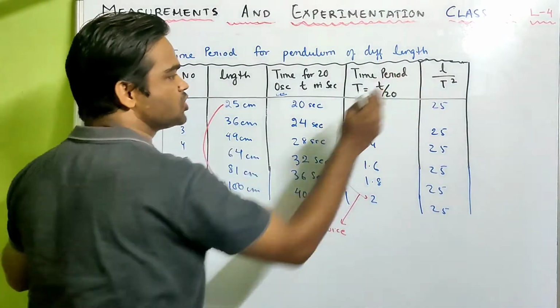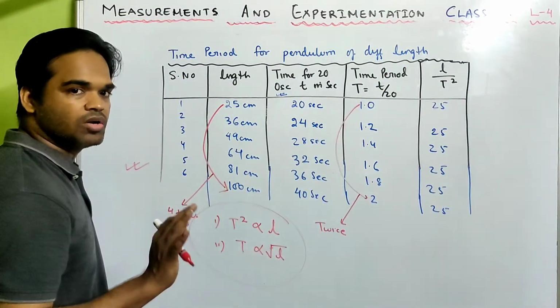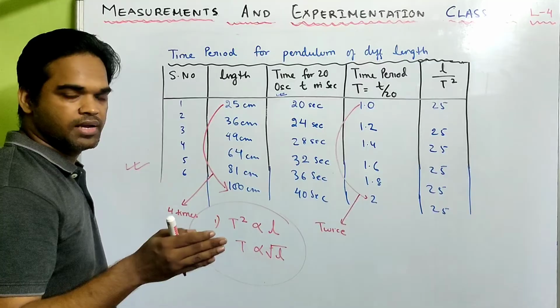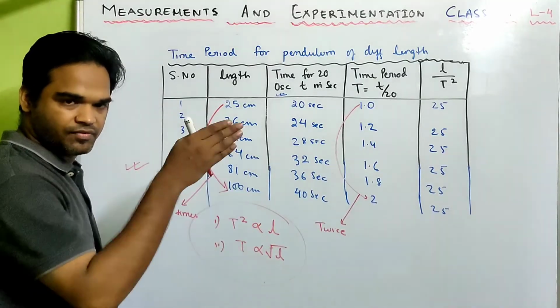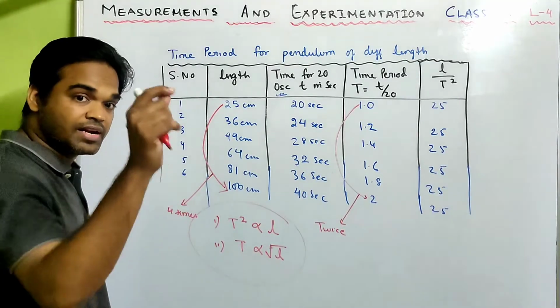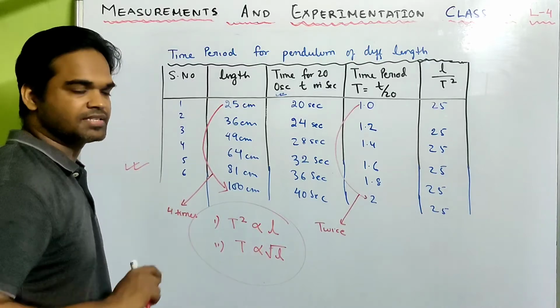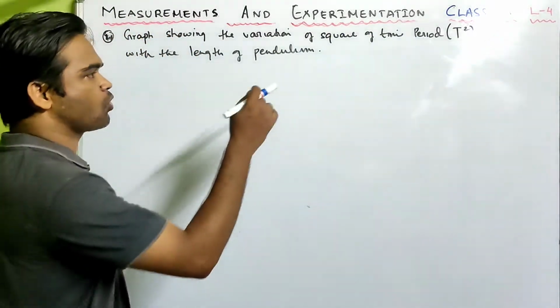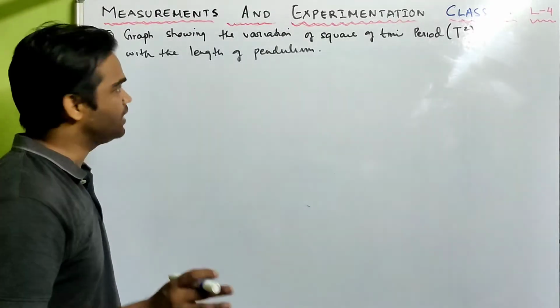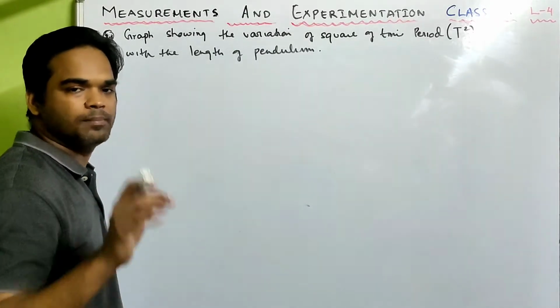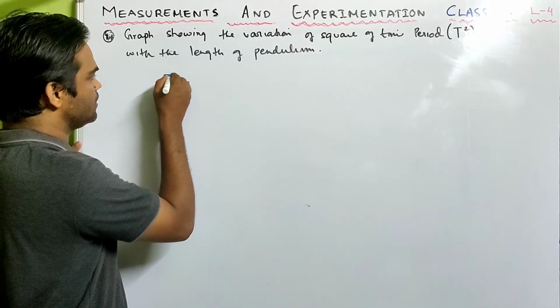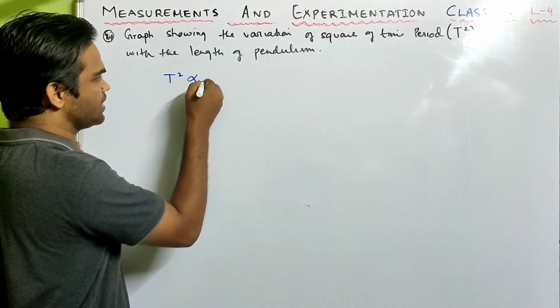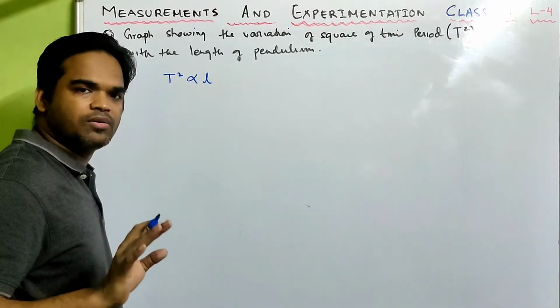Since L by T square is a constant, we know if we plot the graph, we'll get a straight line. Let us see this. Now let us see the graph showing the variation of the square of time period, T square, with the length of the pendulum. Just now we saw T square is directly proportional to the length of the pendulum.